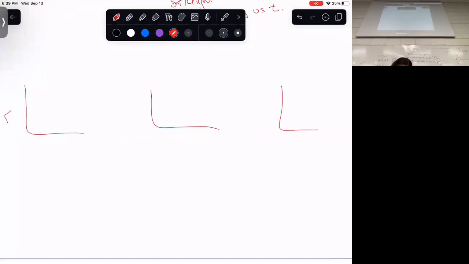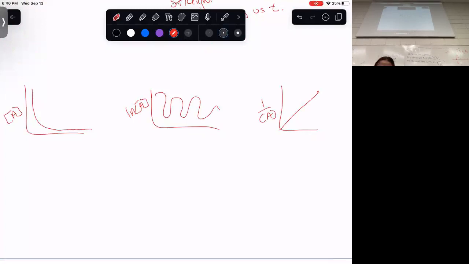What order is this one? It would be second, right?